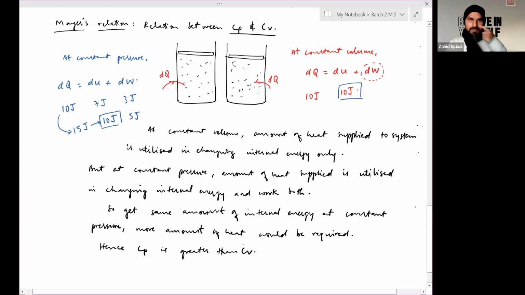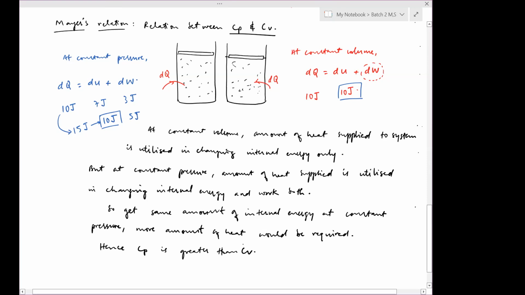Let me derive this particular part mathematically. First, write it down. Done, sir.